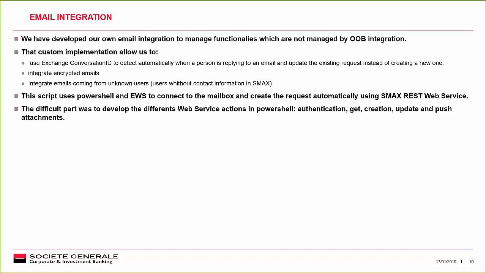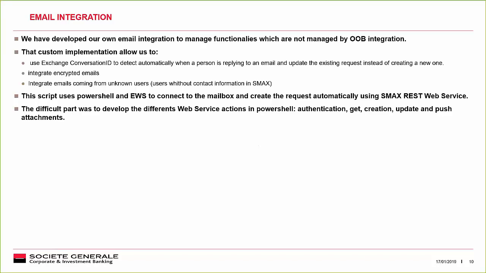One project on which I have worked too is a script to do an email integration, because we couldn't use out-of-the-box functionalities, because some things were not managed by the out-of-the-box that we need for our client, like the conversation ID of Exchange.